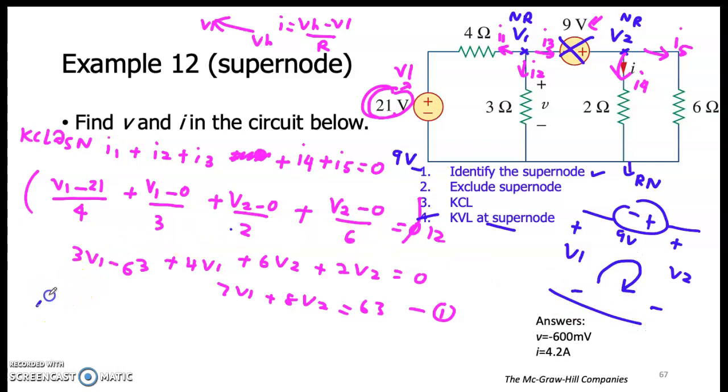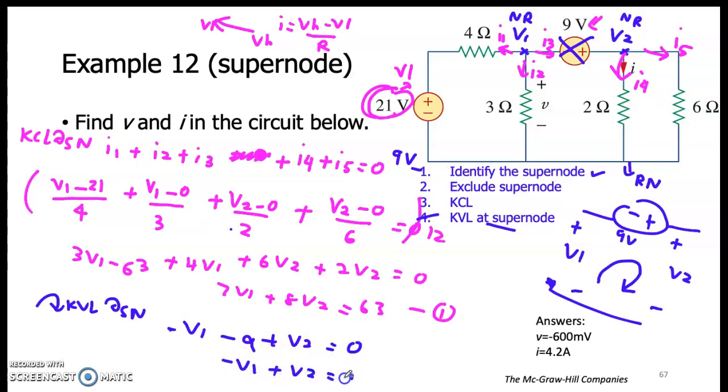So by having KVL at the supernode, starting from here, it becomes minus V1 minus 9 plus V2 is equal to 0. So you can get here minus V1 plus V2 is equal to 9. Equation number 2.